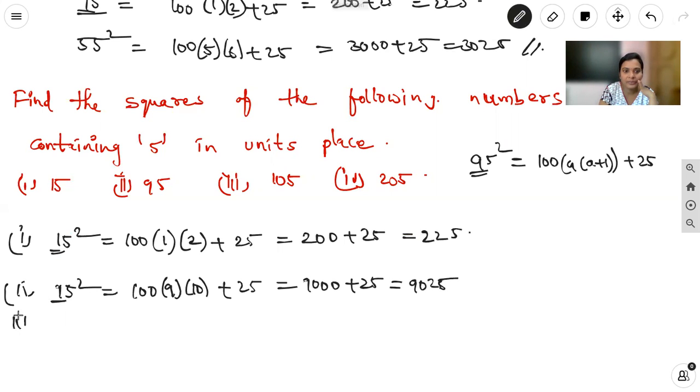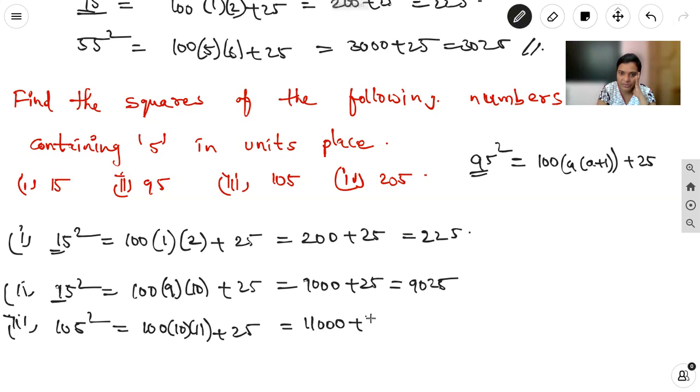Next, the third one: 105 square. It is 100, and except the units place 5, the remaining number is 10, the next number is 11, plus 25. 10 11s are 110, 110 hundreds are 11,000 plus 25. It's 11,025.